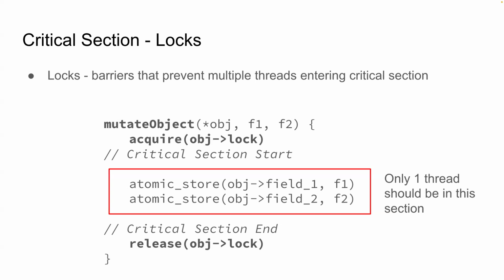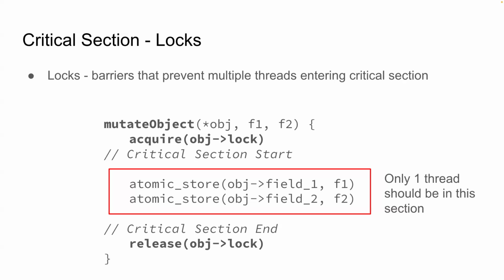So the thread checks whether it is the only one entering this part, and if it is, it goes in. Any other thread that comes in sees that someone else is inside the critical section, so it should wait and cannot go ahead. Once the first thread says it's done, the second thread is allowed to go through, right? So this is called a critical section, and you guard access to critical sections via locks, right?